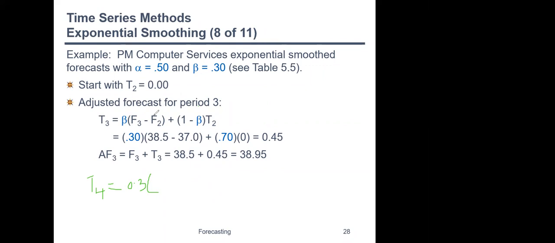Once we go to our preamble, we'll be able to tell what the forecast for F4 will be. Look at the forecast for period 4. You realize that it was 39.75. So this is our F4, and then this becomes now our F3. So from these two values, we will now be able to predict that.